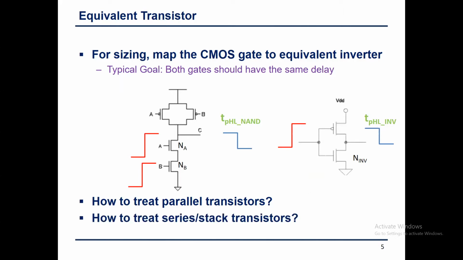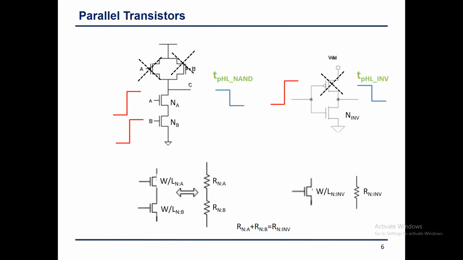I want to know now, if I have series transistors or parallel transistors, how am I going to size them. Well, if I have 2 series transistors, I will have RNA plus RNB equal to R of the inverter, meaning RA plus RB equals R of the inverter. But I know that R is proportional to 1 over W, so I get 1 over WA plus 1 over WB equal to 1 over W of the inverter.